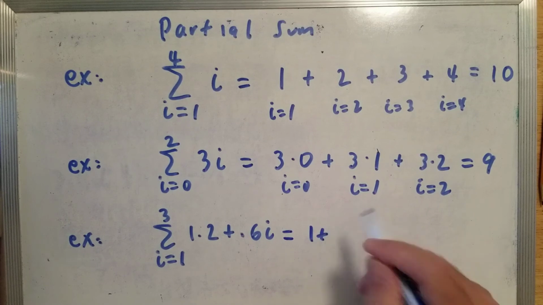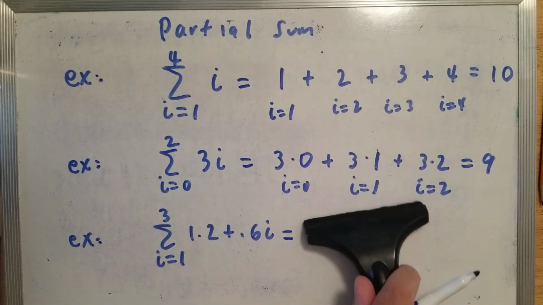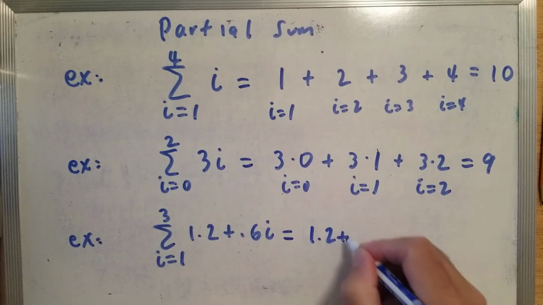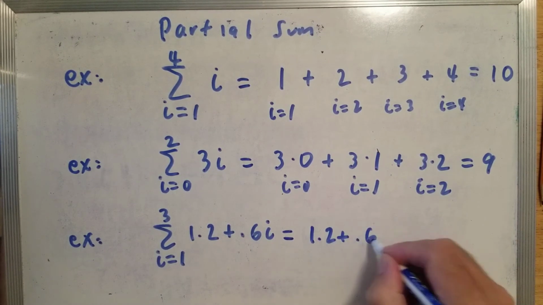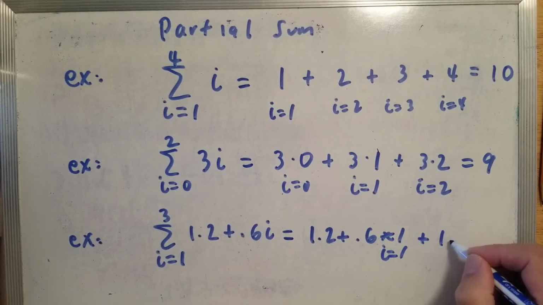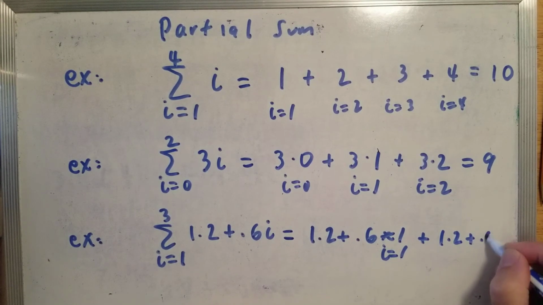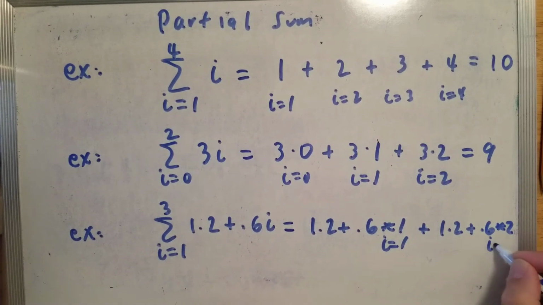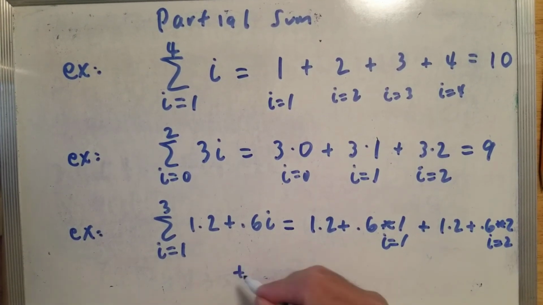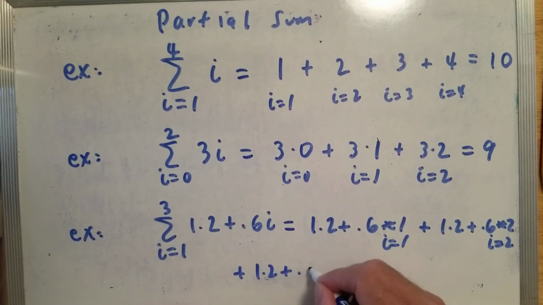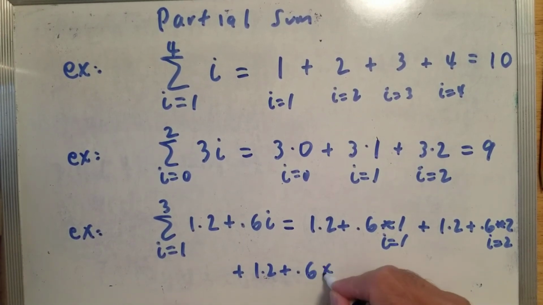So it's 1.2 plus 0.6 times 1, and this corresponds to when i equals 1, plus 1.2 plus 0.6 times 2, and this corresponds to when i equals 2, and then I have to go up to 3, 1.2 plus 0.6 times 3.